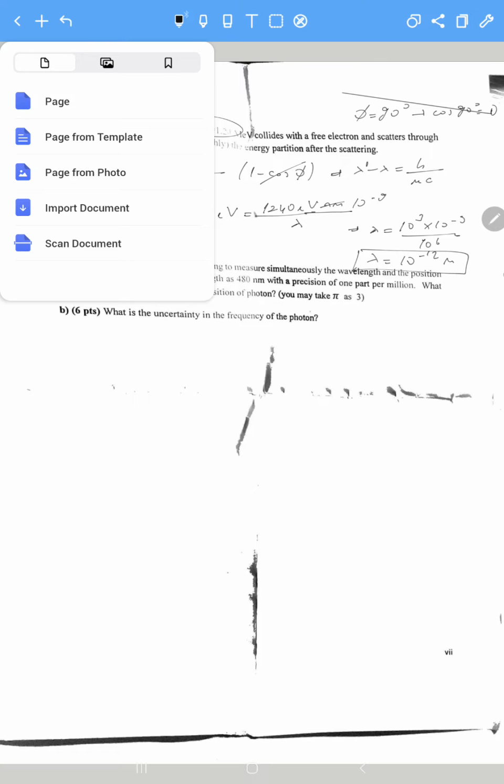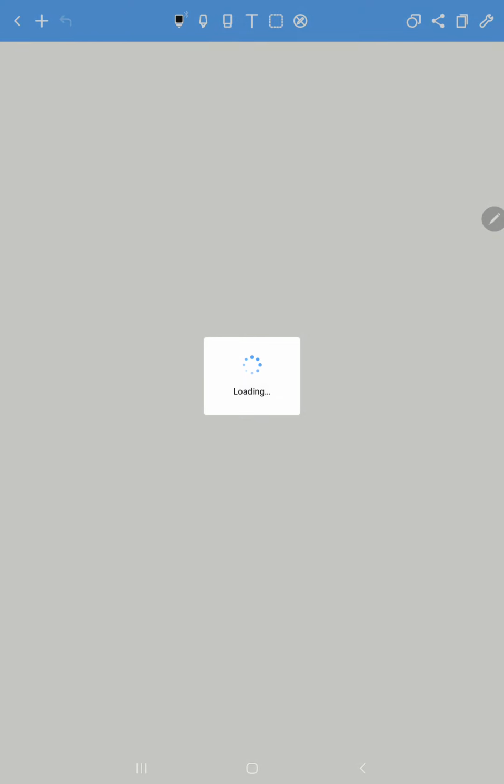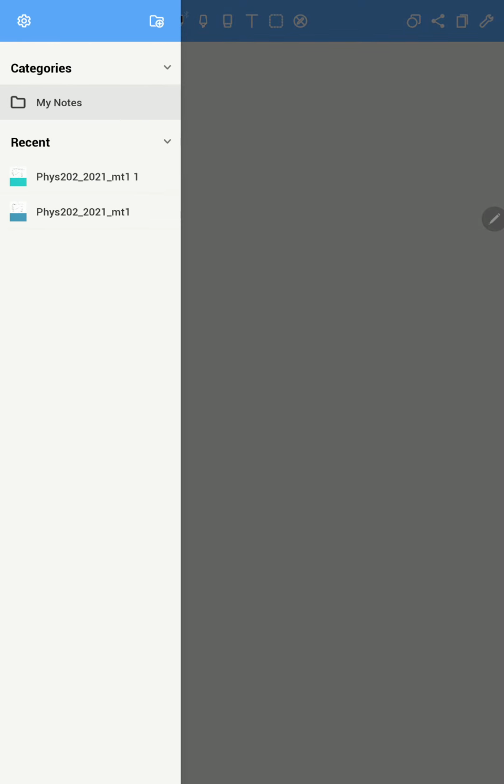After that, let me have another page. We found first this wavelength to be 10 to the minus 12 meters, and then we need to find what happens after the scattering.